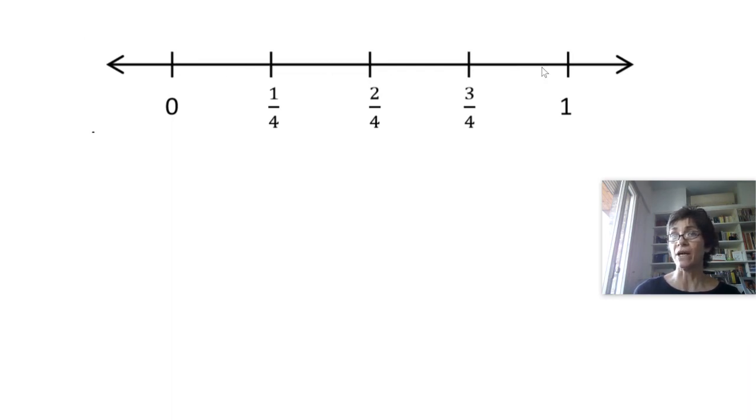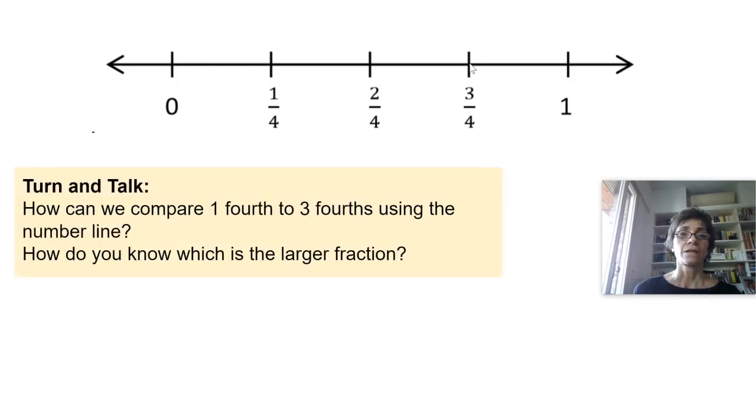And you have to get to 1. That's your finish line. This is the distance that you cover. So when you get to this point, you've covered 1/4 of the distance. Here you've covered 3/4, which is more. You're closer to the finish line. All right?